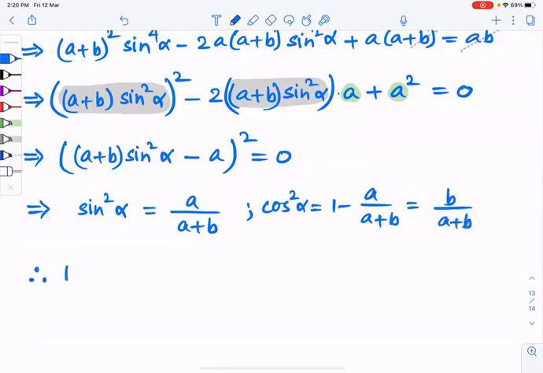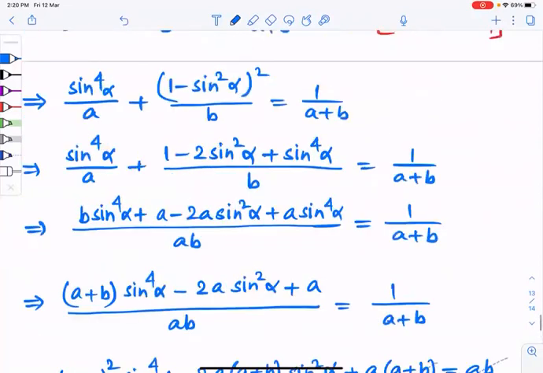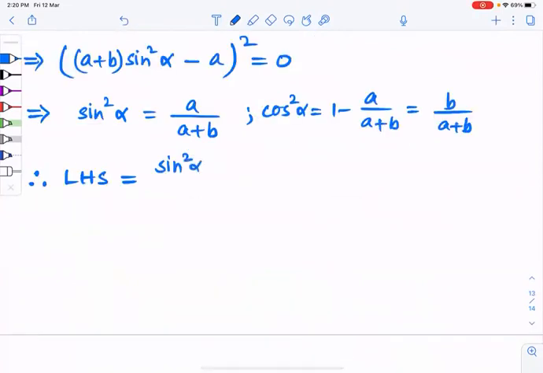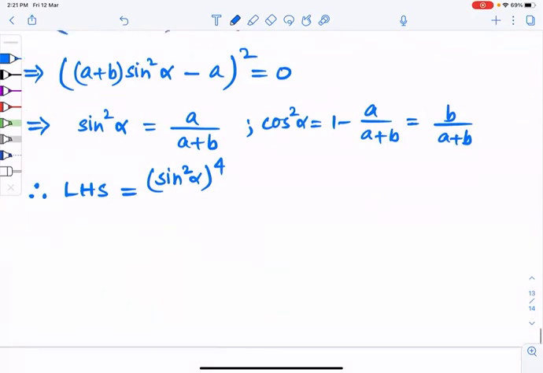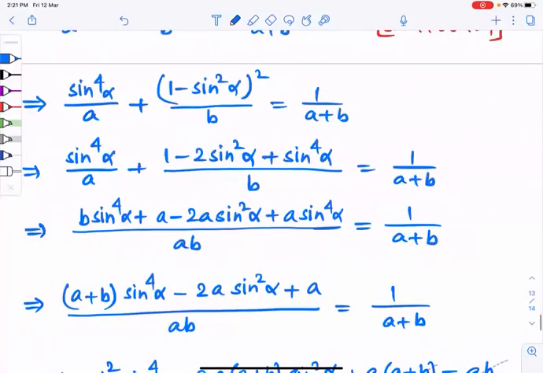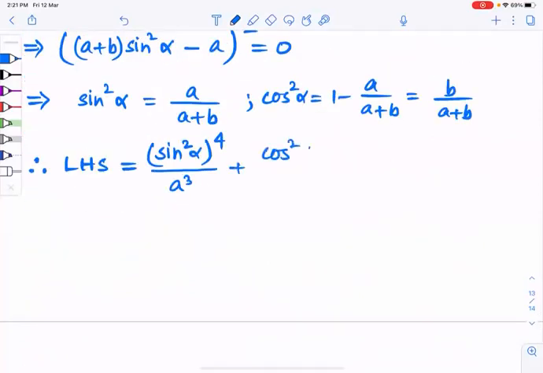Therefore, our LHS, whose value I have to prove, LHS is equal to sine power 8 alpha by a cube, that is sine square alpha whole power 4 by a cube, plus cos power 8 alpha, so cos square alpha whole power 4 by b cube.